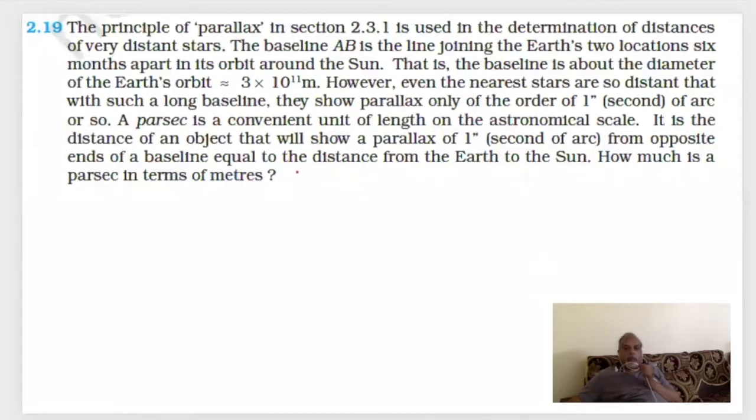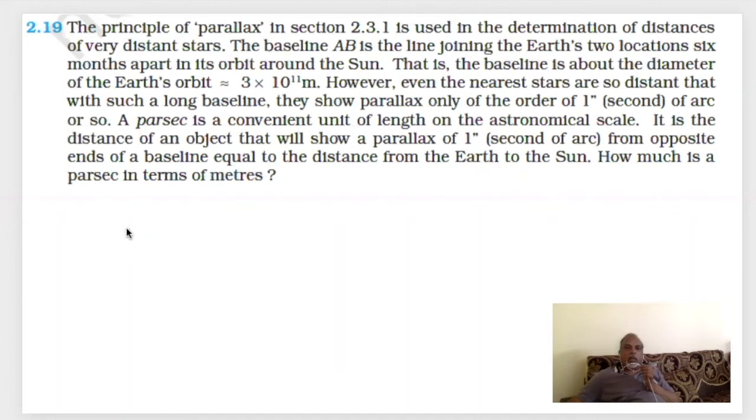Now, let us solve question number 19. The principle of parallax is used in the determination of distances of various distant stars. The baseline AB is the line joining the Earth's two locations 6 months apart, and that baseline is about the diameter of the Earth's orbit.